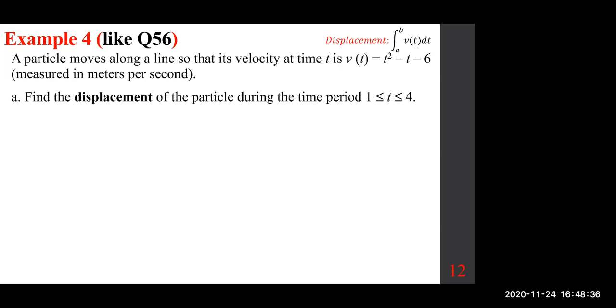Okay, everybody? And we want to find the displacement from 1 to 4. And displacement really means s of 4 minus s of 1, or just the integral of the velocity function from 1 to 4. That's what it means.